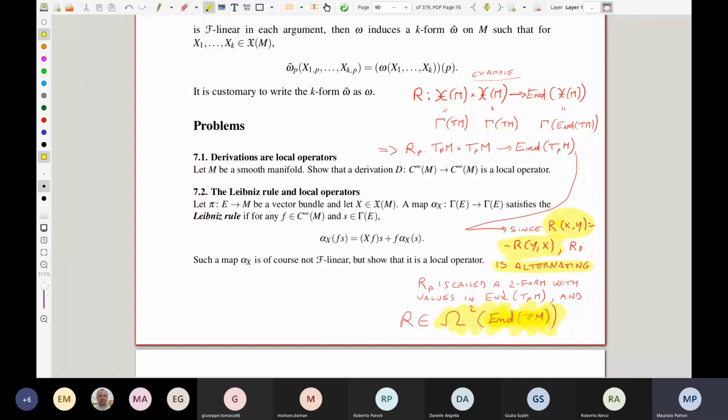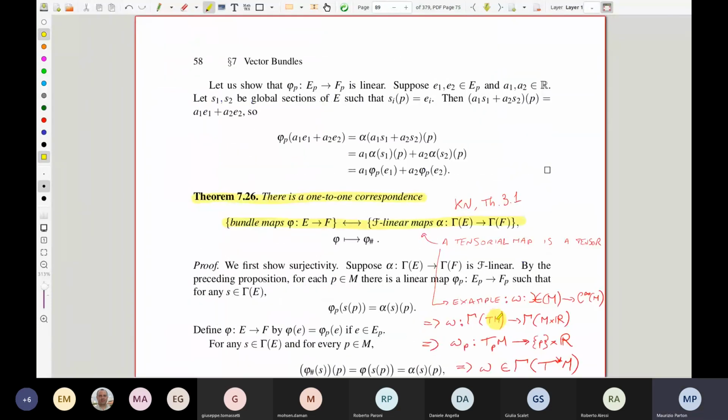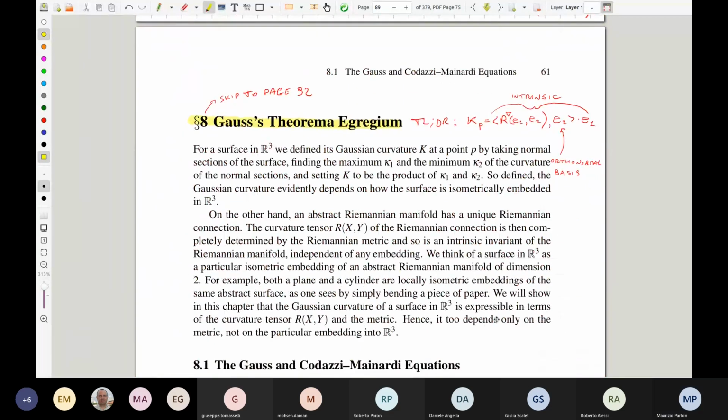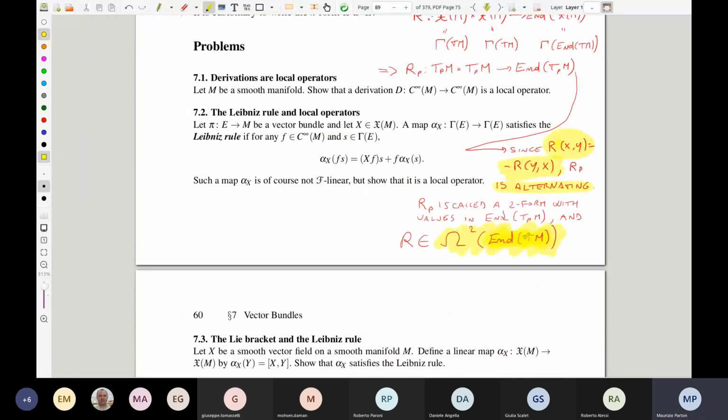This is implicit in the fact that this is a vector bundle on the manifold, but you can read this as a two-form taking values not in the real numbers, but in endomorphisms between tangent vectors.